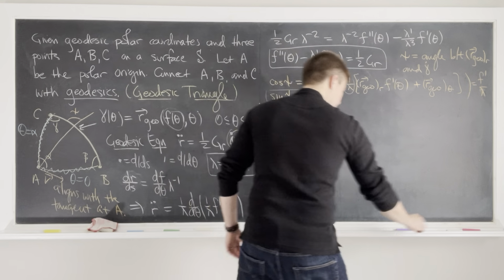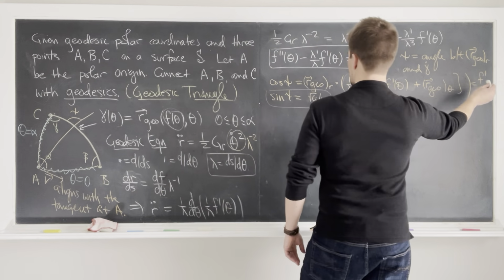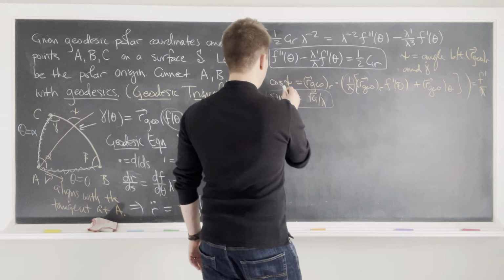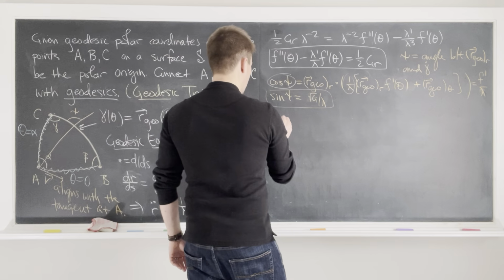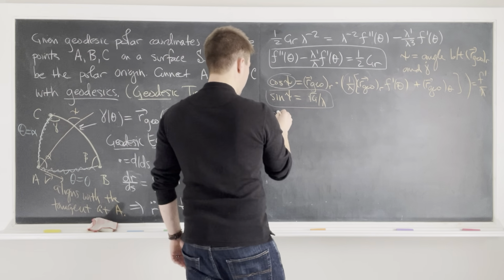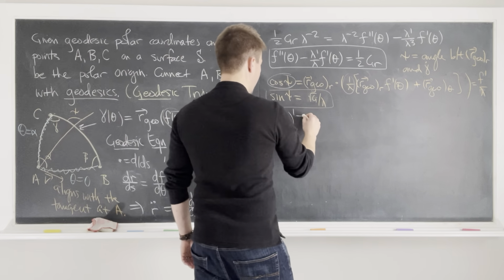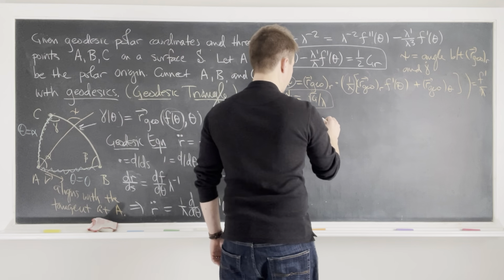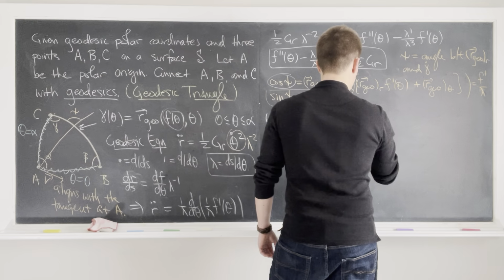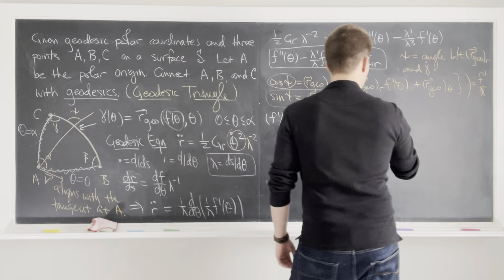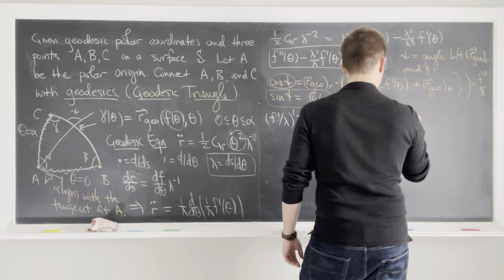Okay? Great. Okay. Now let me take this equation over here and differentiate it. So if I differentiate this equation over here, what do we get? These two equations together imply that the cosine, if I differentiate, f prime over lambda prime is the cosine, which is negative sine psi prime, right? And so that's going to be negative psi prime, and then the square root of g, and then over lambda, right?